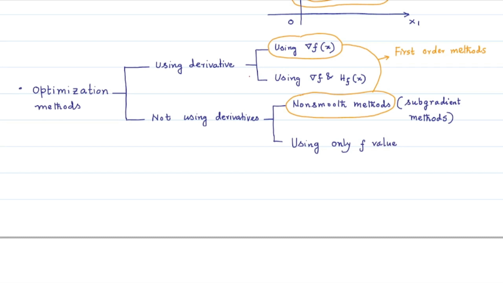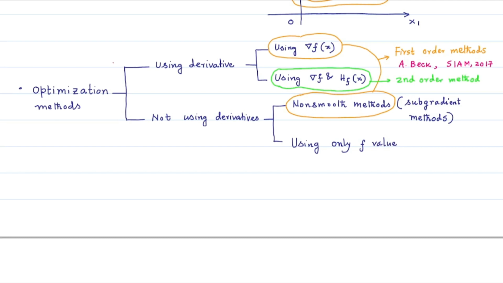For an elegant reference for first order methods in optimization, I would like to refer you to the book by Amir Beck, entitled First Order Methods in Optimization, which came out through SIAM in 2017. The methods which use both the gradient as well as the Hessian are called second order methods because they use partial derivatives of the function up to the second order.